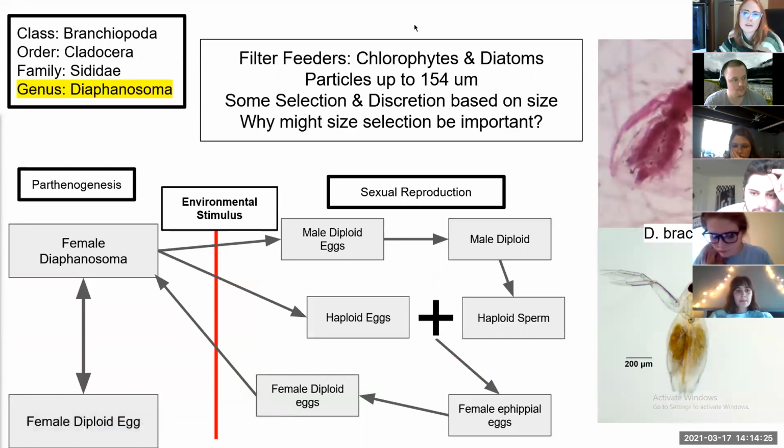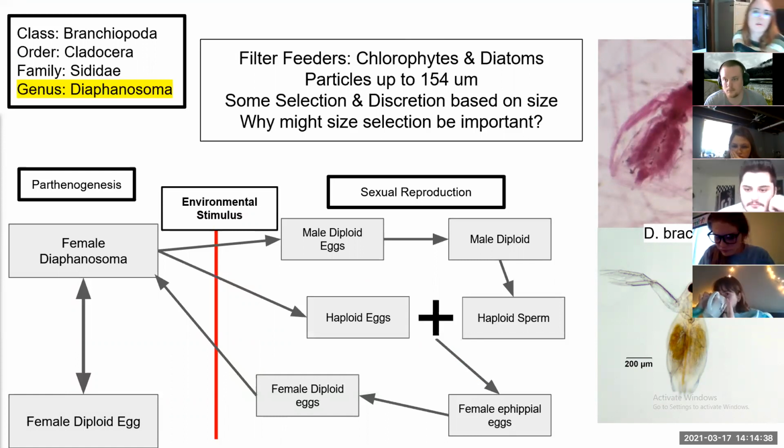So Diaphanosoma is one of my favorites. It kind of looks like something out of Harry Potter when you find it. And these are actual pictures. The top one is at least of some that I've found in the sample. They actually display some size selection or discretion for different size particles.